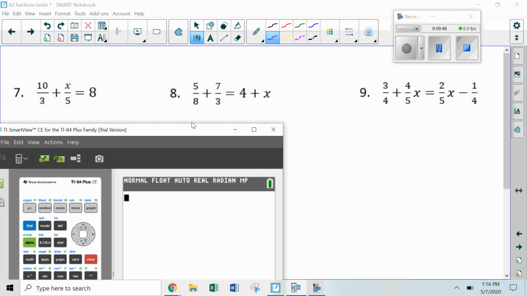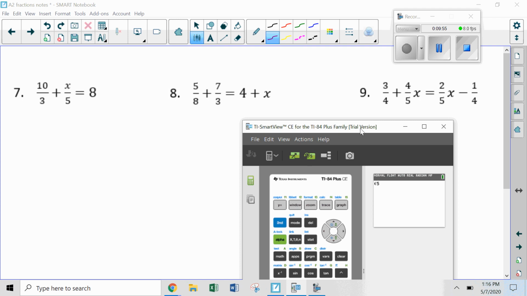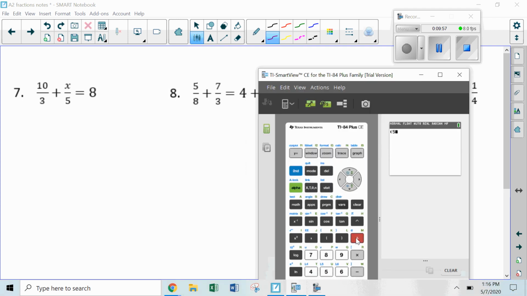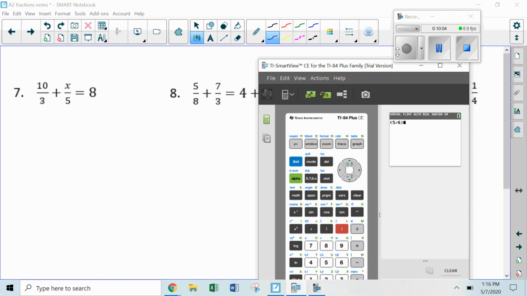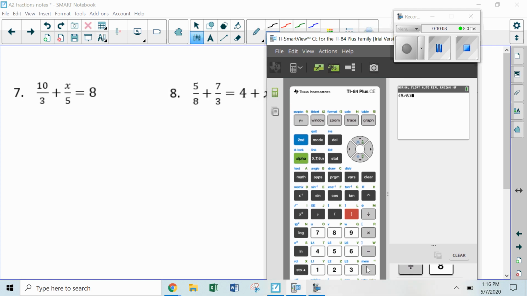Let's add those together. So you want to do parentheses, 5 divided by 8, parentheses, plus 7 divided by 3, parentheses, enter.